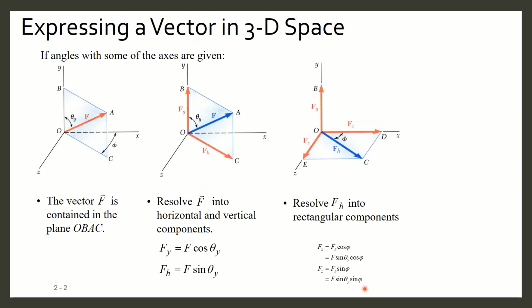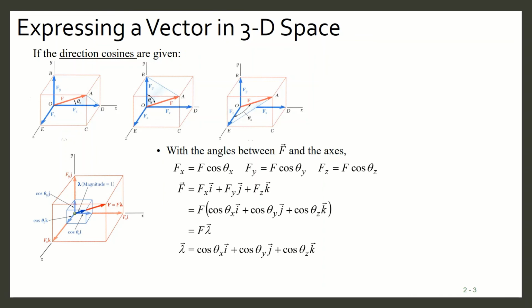Now all three components are resolved: Fy is F cos theta, Fx is F sine theta cos phi, and Fz is F sine theta sine phi. So if you know the angles and the vector, then you can resolve the vector in 3D in x, y, z directions. Okay, now let us move further.